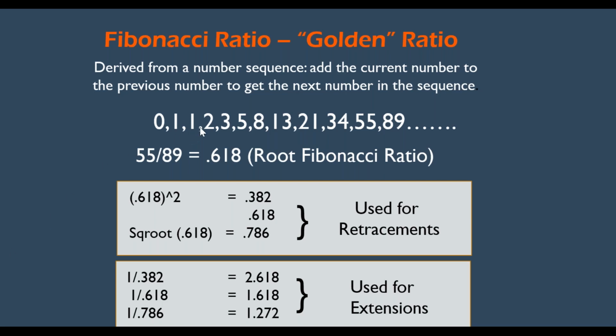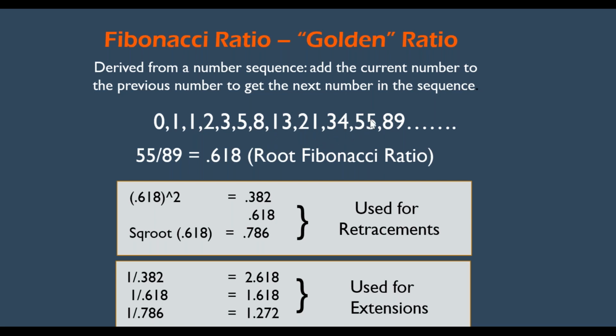Fibonacci came up with a number sequence way back when, where he took the previous number and added it to the next number, and it came up with the next number in line. Like 1 + 2 is 3, 2 + 3 is 5, 3 + 5 is 8, and so forth.